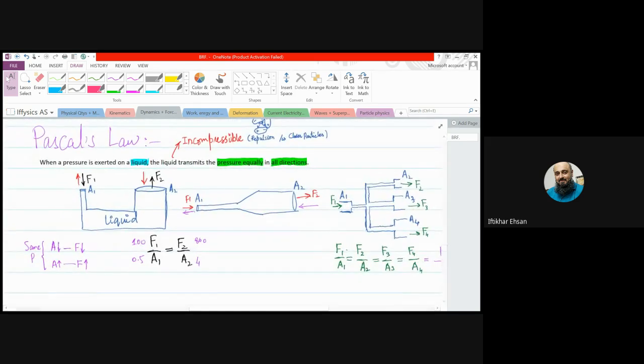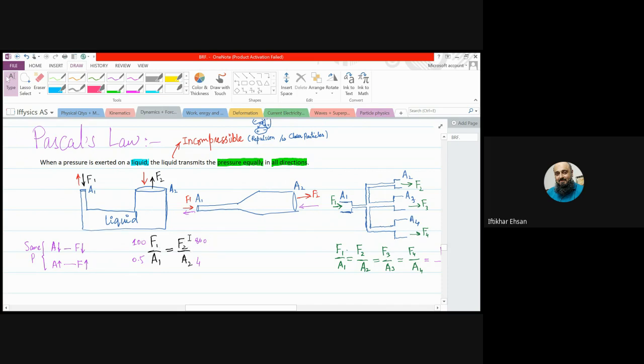Now, just give it a minute. Let's say area A1 is 0.5 and the force we applied is 100 Newton. If we divide them, we get a pressure of 200. And let's say the area on the other side is 4. What should be the force here, which will again give the same ratio of 200?